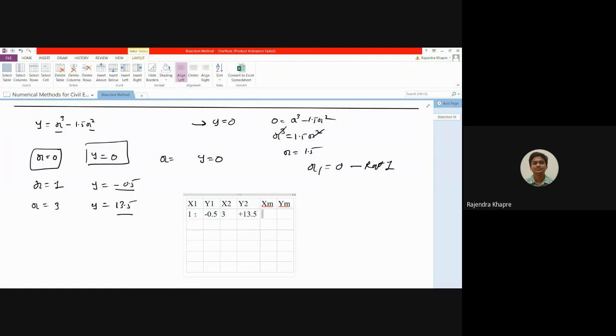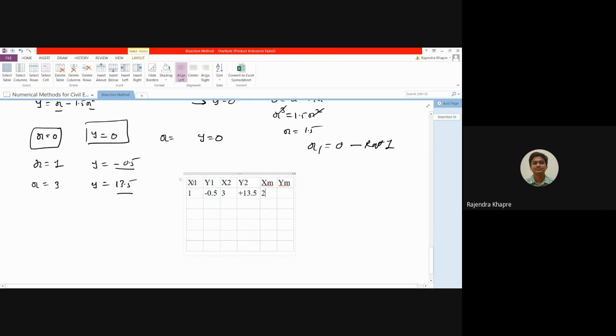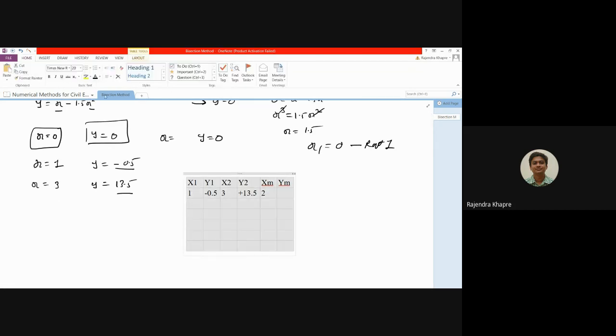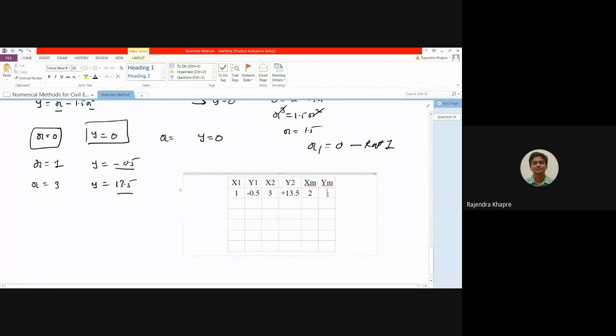Now xm, the bisection between 1 and 3, becomes 2. What will be the value of y when x is 2? Positive 2.